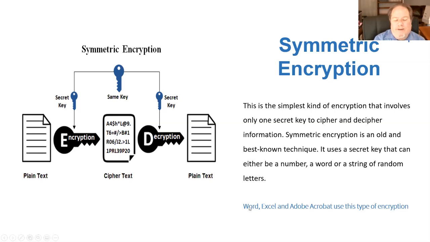To give an example, Word, Excel, and Adobe Acrobat use symmetrical encryption, meaning that you can take a Word document or an Excel spreadsheet, and when you go to save it, you can choose to encrypt it, or it's called password protection. What happens is you provide a passphrase or a password that's going to be used to encrypt that document.